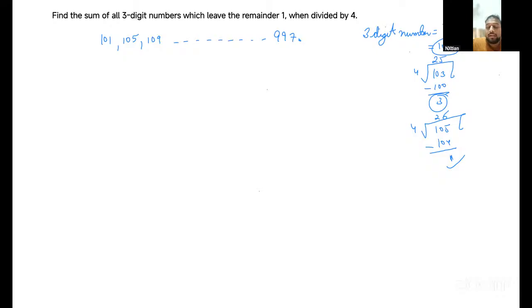So an will be 997. So you have to find the value of n. Did you understand? Joshua, now you understood? Quickly do it.